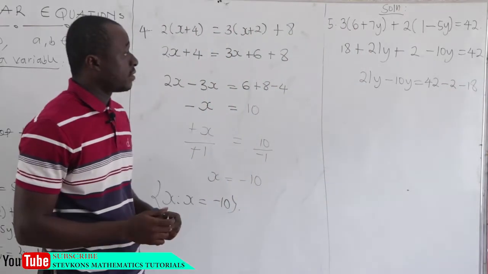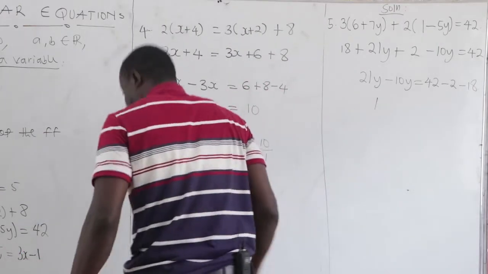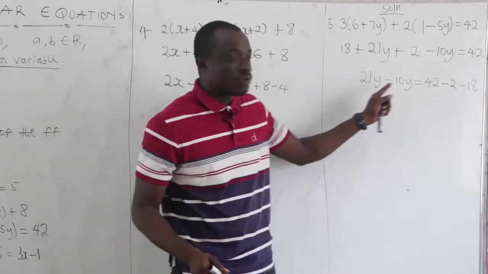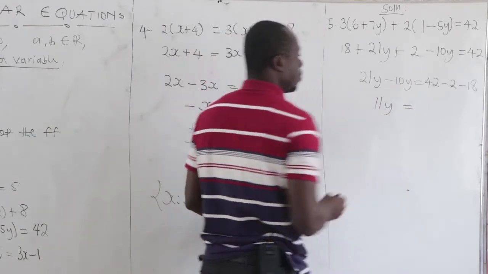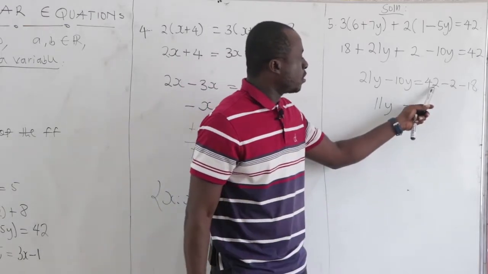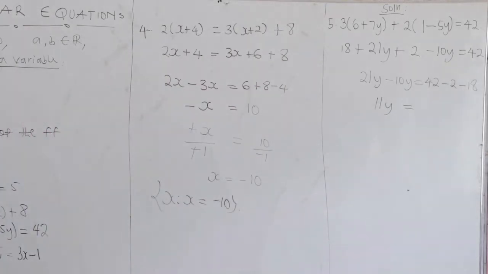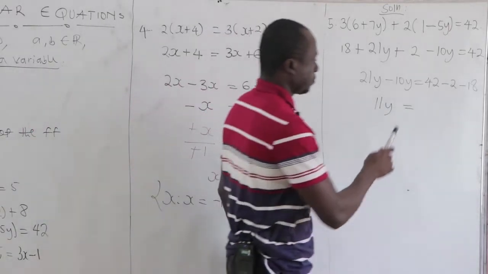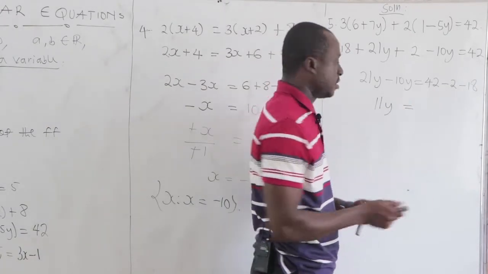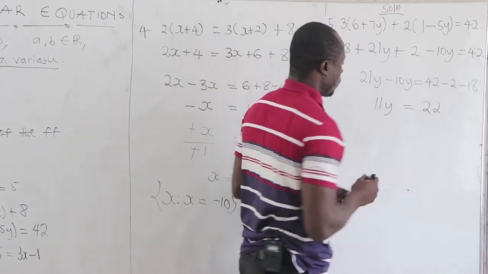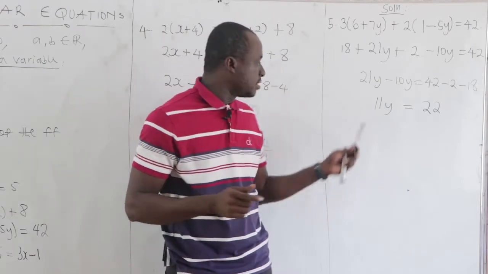We group like terms. 21 minus 10, that is 11y equal to 42 minus 2, that is 40. 40 minus 18, that's 22. We want to find y. What do we do? We divide both sides by what is multiplying the y. In this case, 11.